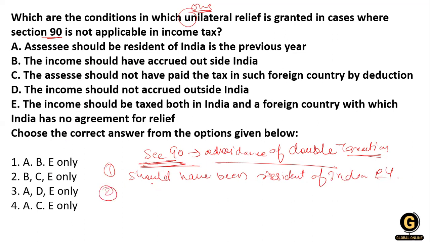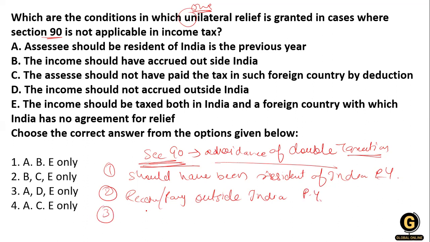Then the second condition is that income should have accrued to the taxpayer or been received outside India. So they received or paid the tax outside India in the previous year.